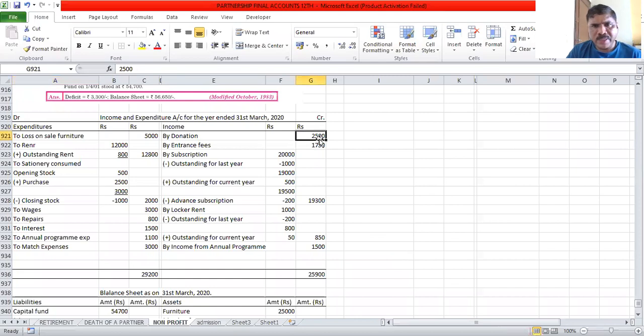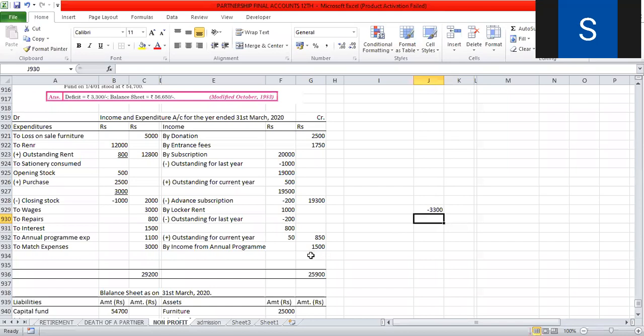Is this total correct? 25,900 and 29,200. So 25,900 minus 29,200 is 3,300. What do you call that, deficit or surplus?